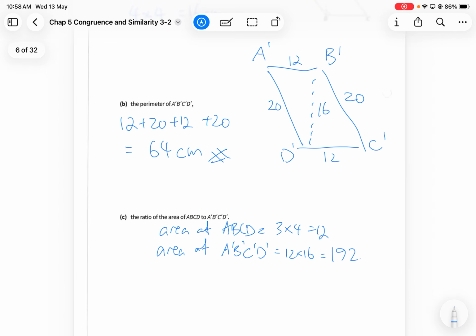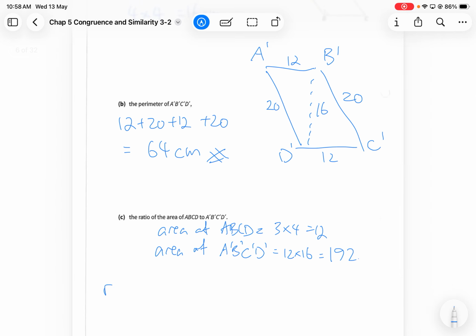Okay. Then if I want to find the ratio, then I must take 12 over 192. Okay.